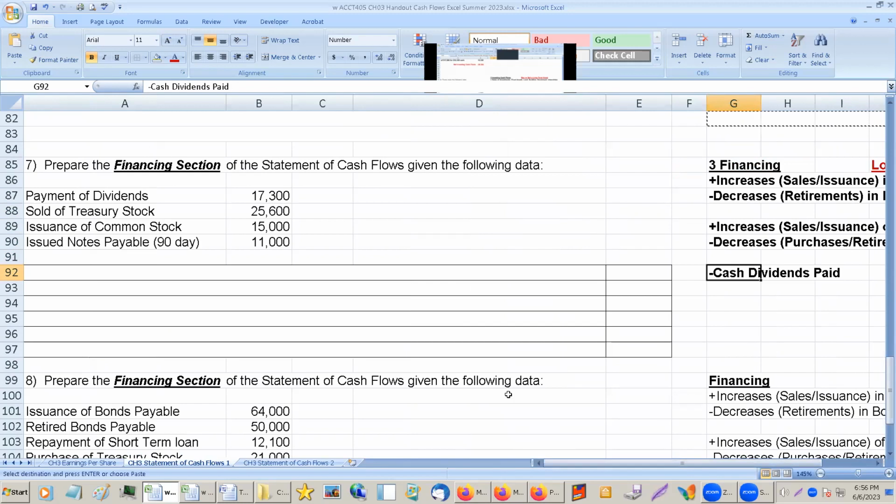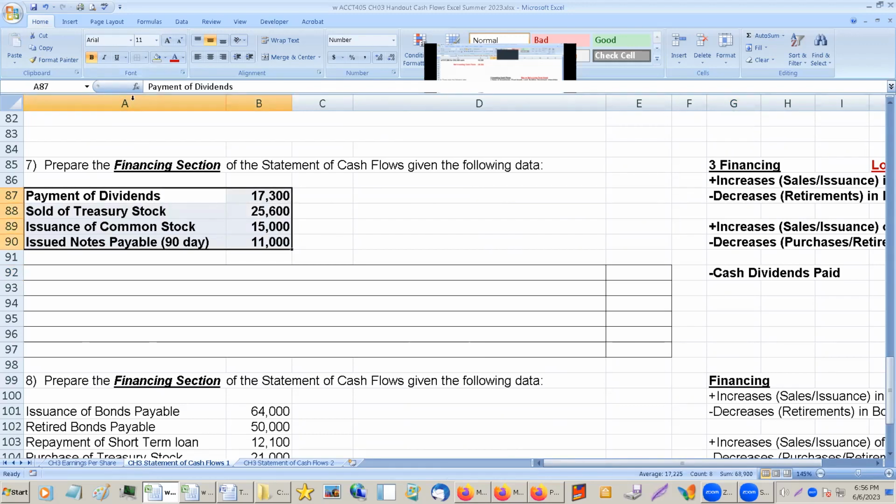All right, so let's look at these. See whether they're pluses or minuses. Payment of dividends. Plus or minus?